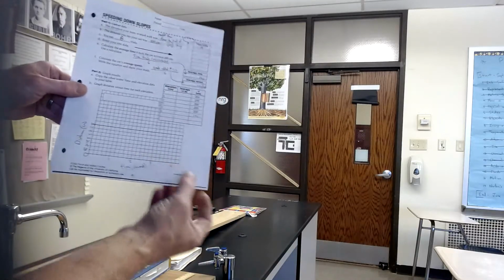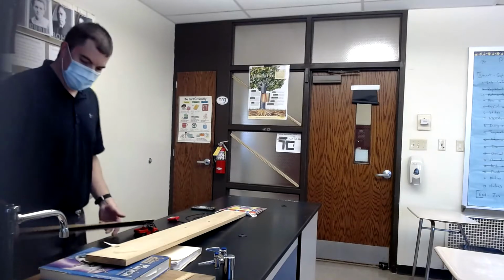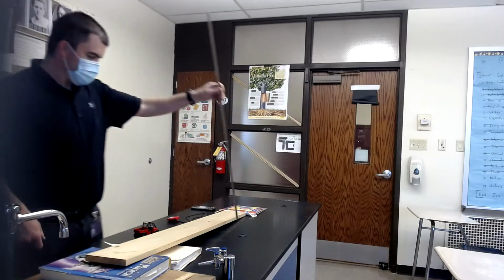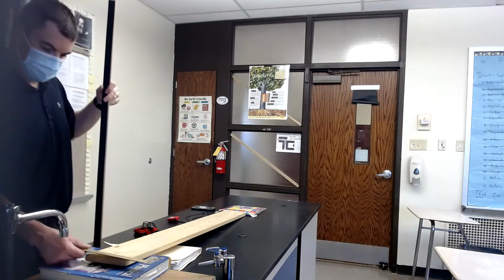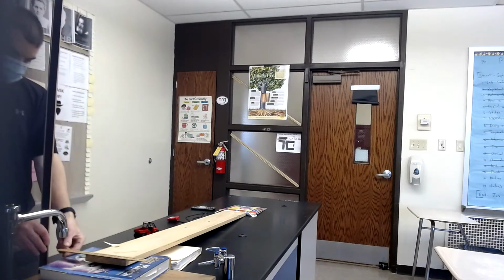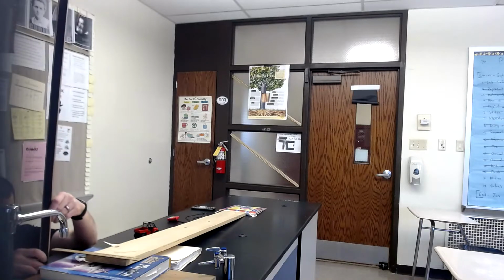Okay, so the first thing we have to do is get the height of the ramp from here to the tabletop. We're going to put a ruler here and bring it across, and wherever these line up, we're going to say that's good.